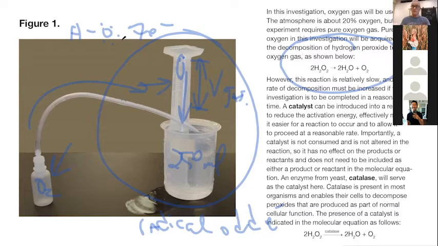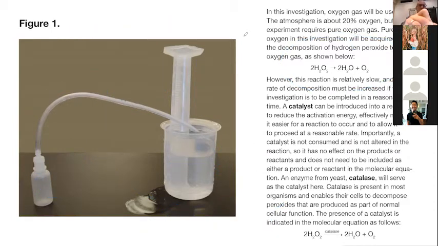And so what animals, bacteria, different cells have evolved is a way to get rid of it. And the way to get rid of it is with this enzyme called catalase. One of the very first enzymes discovered, catalase.